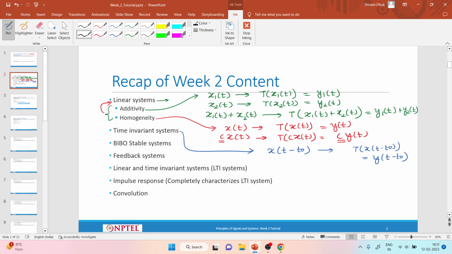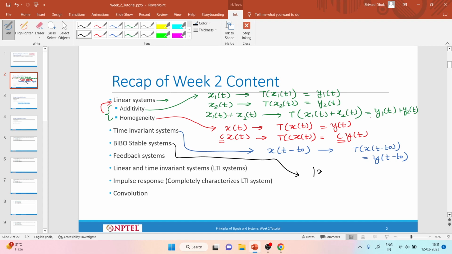The next thing that was covered was stability. For stability, the criterion that was used was bounded input, bounded output stability. This is also known as BIBO stability. So what does this mean?